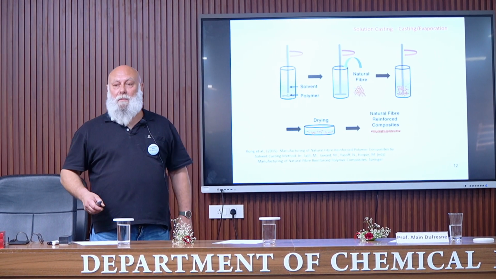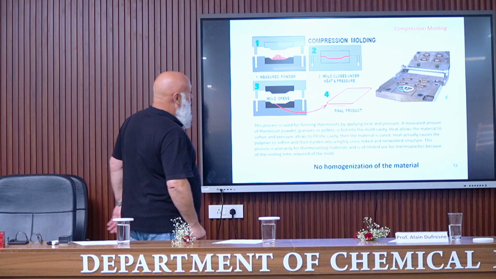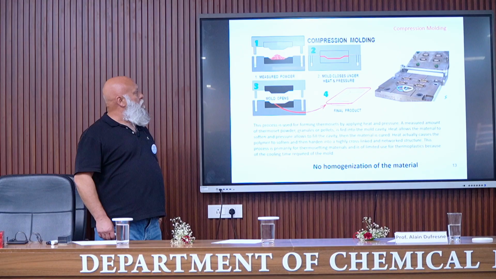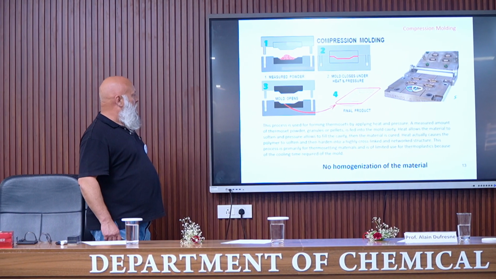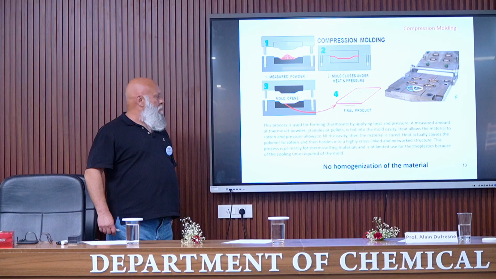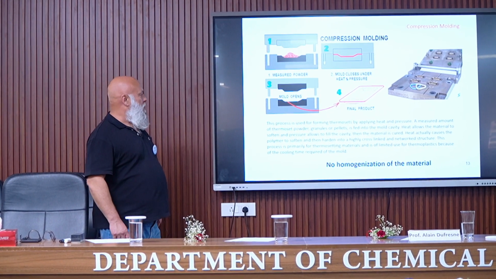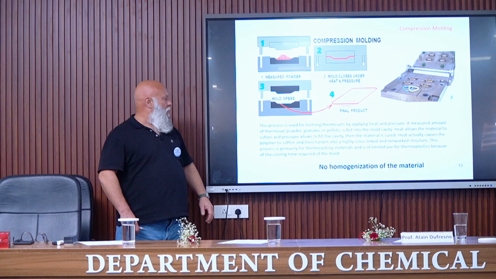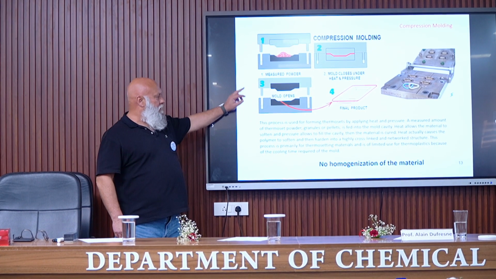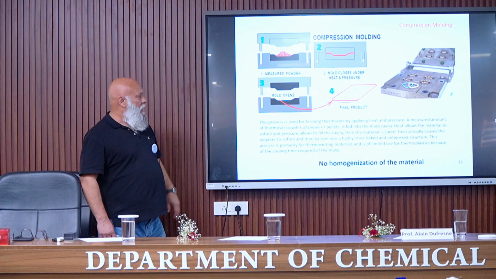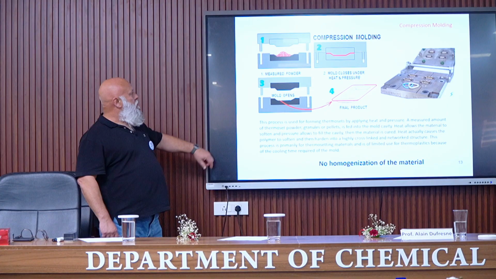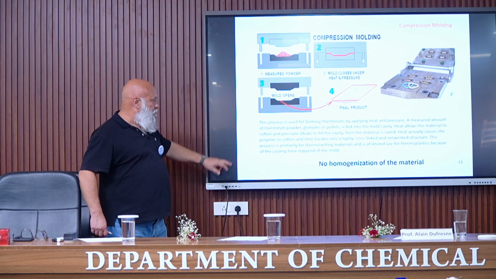Another technique, which is also quite easy to perform, is compression molding. This process is used mainly for thermoset polymers. By applying heat and pressure, a measured amount of the material, in the form of a powder, granules or pellets, is fed into the mold cavity. It allows the material to soften, and the pressure allows it to fill the cavity of the mold. Then the material is cured, so it is cross-linked.